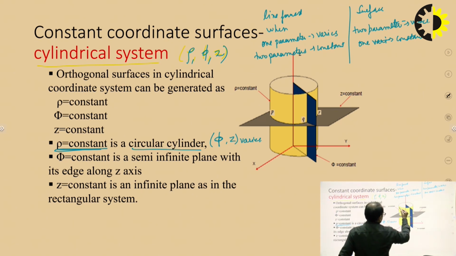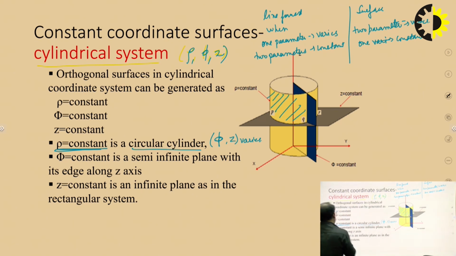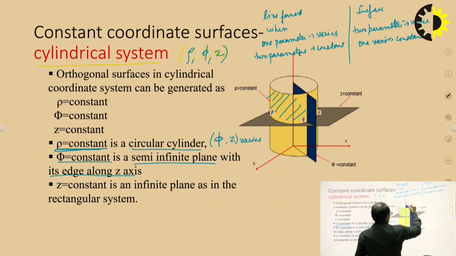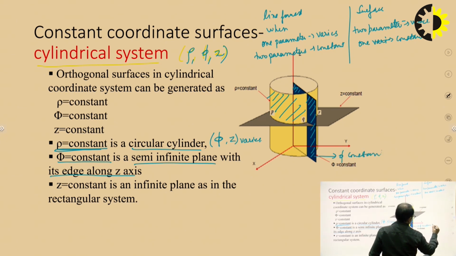If phi is constant, a semi-infinite plane will form with its edges along the z axis. If this is a cylinder and I cut it through, when phi is constant, then a plane will form.